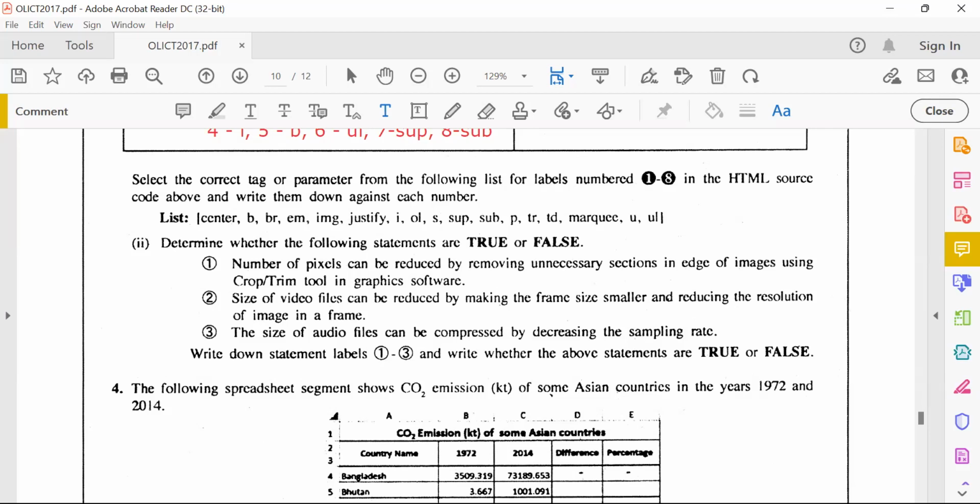Determine whether the following statements are true or false. Easy one. True, false. Yes, what do you think?